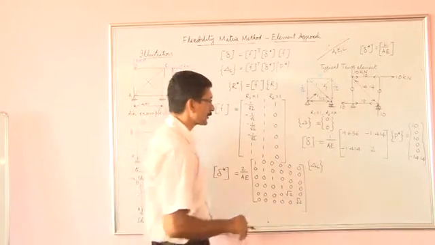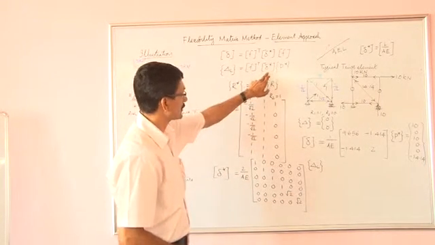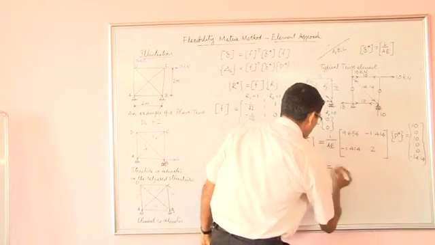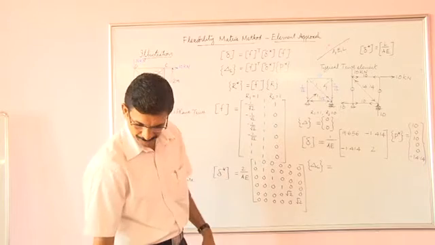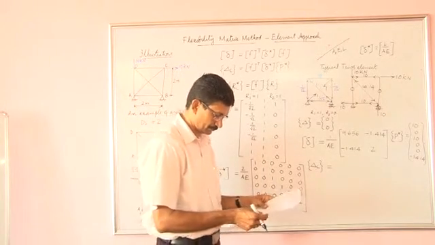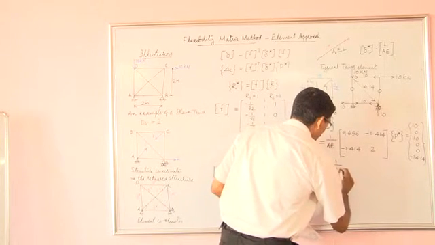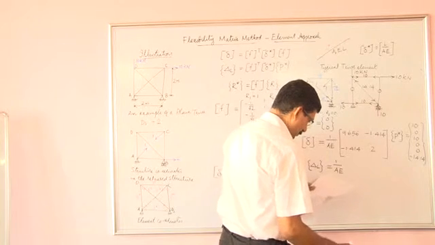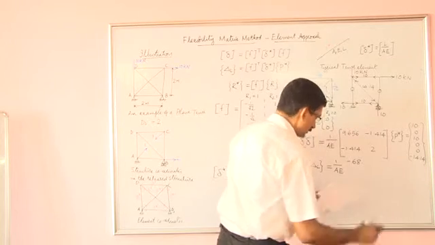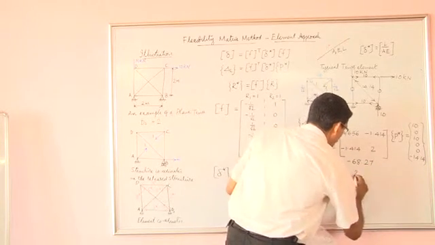Now, if you multiply F transpose with delta star and P star, we are going to get finally delta L is equal to one by AE into minus 68.27 and 20.